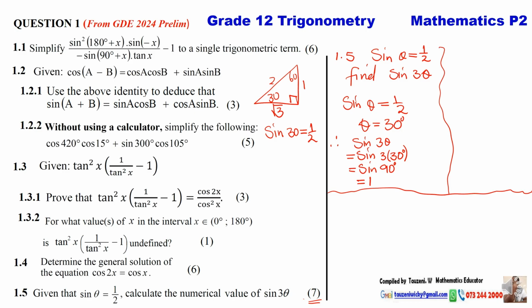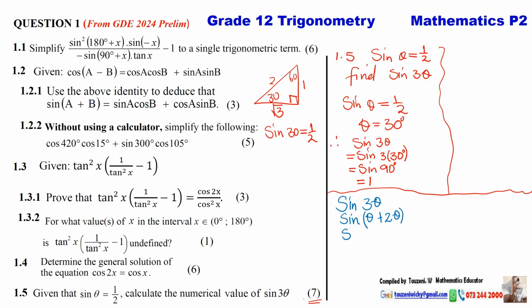Then we may want to remind each other that for the sine of 3 theta, our formulas talk about 2 theta, which is a double angle. But once we say 3 theta, 4 theta, 5 theta, then we must find a way to separate the given angle so that we may be able to apply the formulas that we have. So 3 theta can be written as theta plus 2 theta.